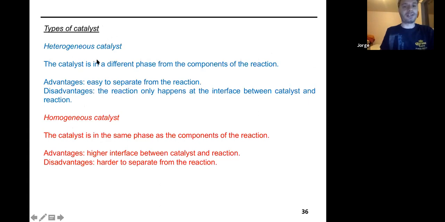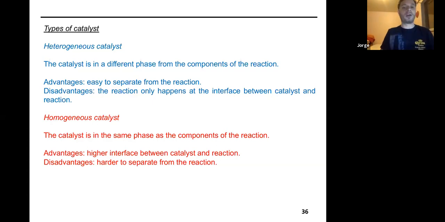A heterogeneous catalyst is when the catalyst is in a different phase from the components of the reaction. The advantage is that it is pretty easy to separate the catalyst from the reaction. The disadvantage is that the reaction only happens at the interface between the catalyst and the reaction.